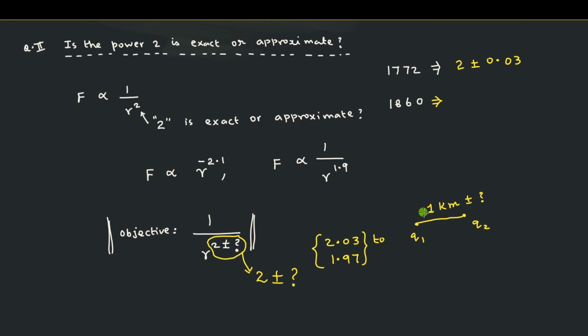There is a considerable amount of error in the measurement of this, and there is a measurement error in F, because ultimately you are going to measure F here. Because of these two errors, ultimately all the error is dumped on the power that you have. That is why 0.03 is coming, but otherwise this power 2 is going to be exact. So that is the conclusion.